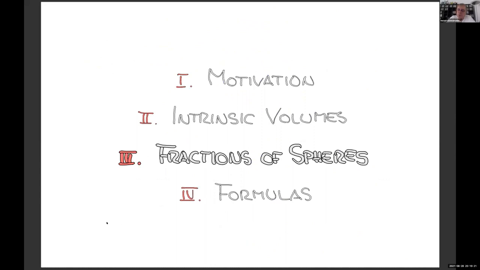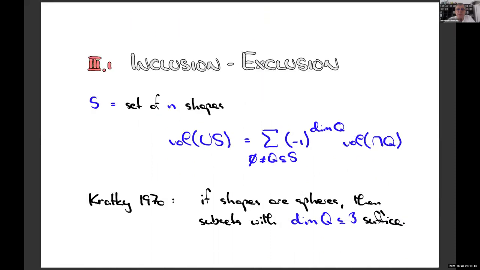In all four intrinsic volumes, the basis of why we were able to do it without an insurmountable accumulation of complications was because we can use alpha shapes to compute fractions of spheres, of balls, of disks, of circles. And so I'll talk about this a little bit.